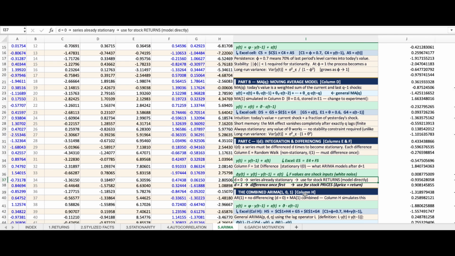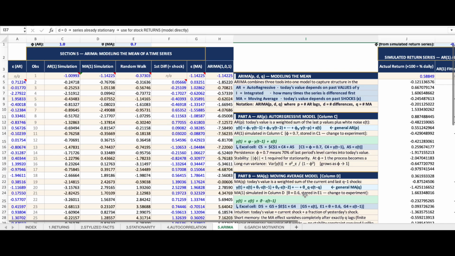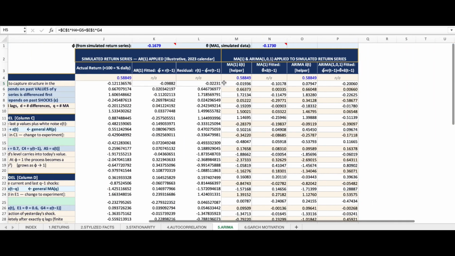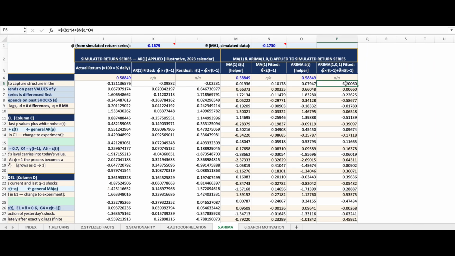Now let's see the combined ARIMA 101 fitted to the return series. Now look at the right side of this tab. This is where we fit ARIMA 101 to the actual simulated return series. AR order 1, no differencing, MA order 1. This is the 101 in the ARIMA function.